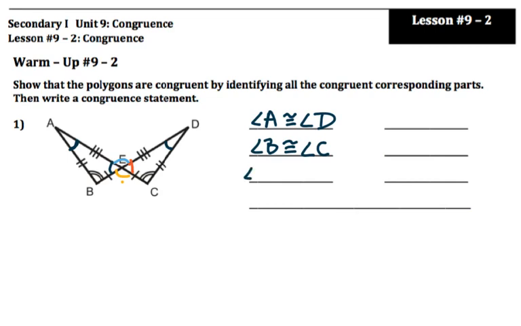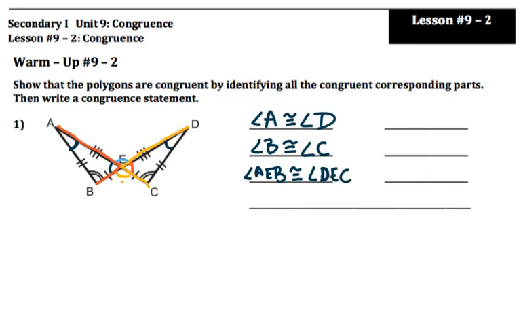So we can say that angle AEB, and that means this angle in red, A to E to B, is congruent to angle, I'm going to do this in yellow, since we started with A, we're going to go D to E to C. So angle DEC.